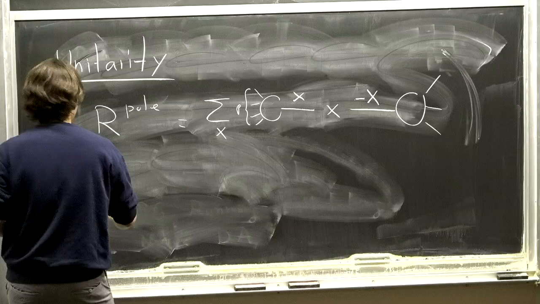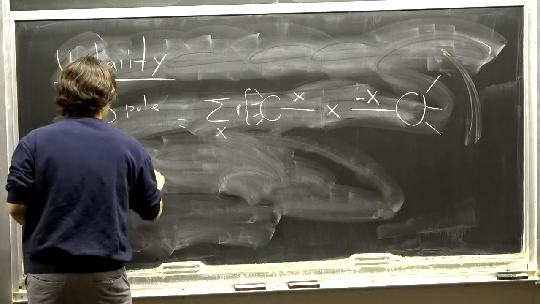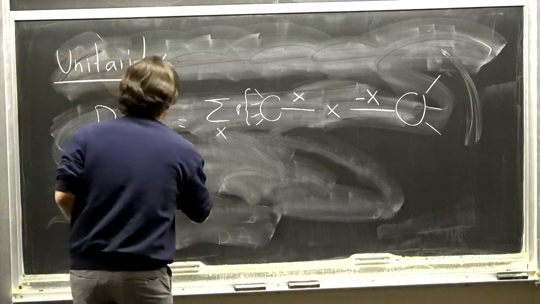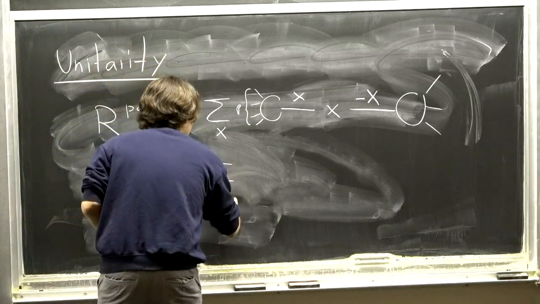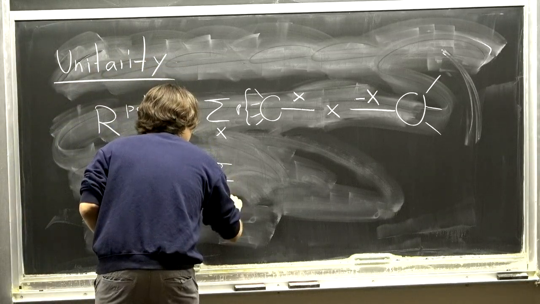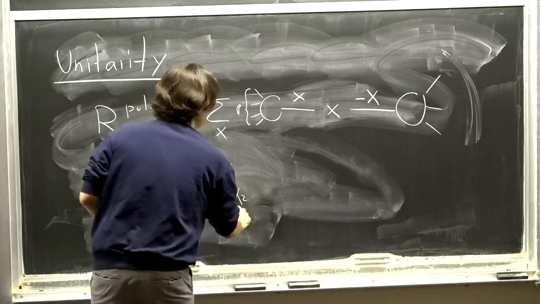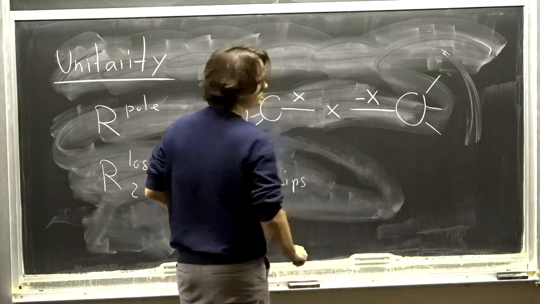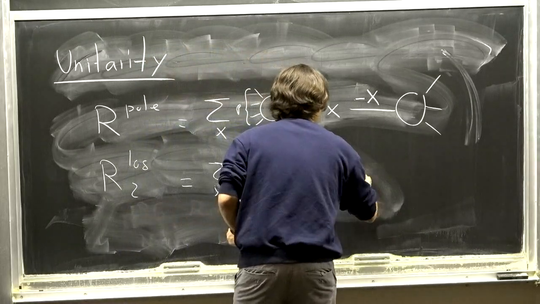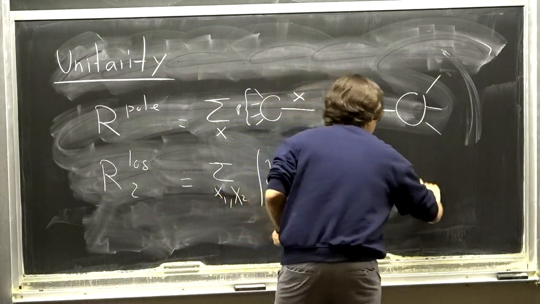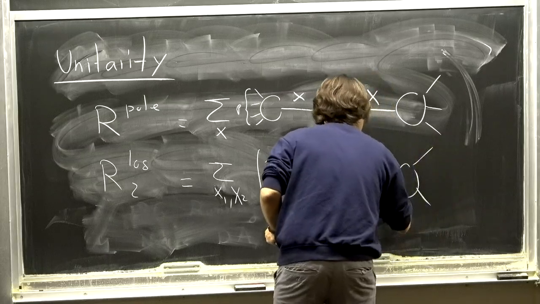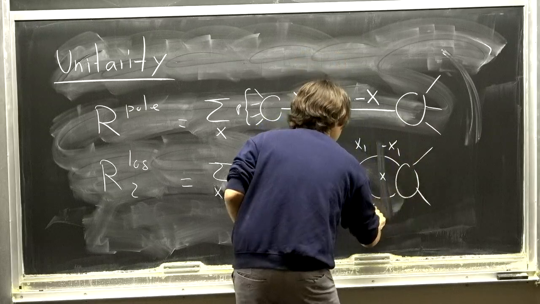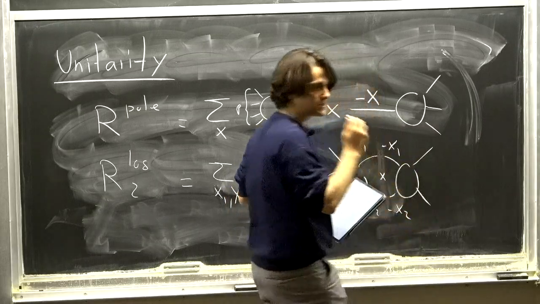Okay, what about the residue of this log, this 2-particle log? Okay, that one you have to work a bit harder, but again, unitarity tells you that this will be a sum over x1, x2, all possible states. Then you also have some integral over the Lorentz invariant space of these particles, and then the product. So here I'm going to have x1 minus x1, x2 minus x2.